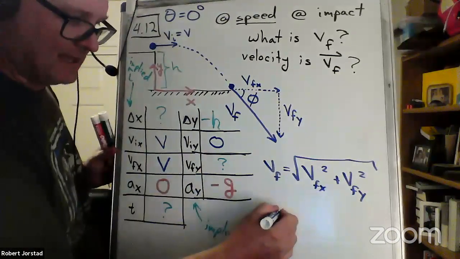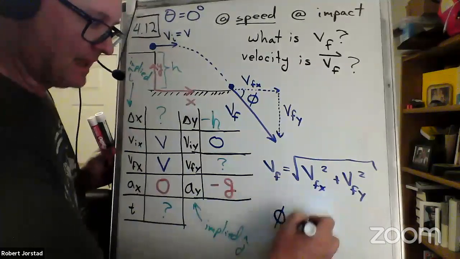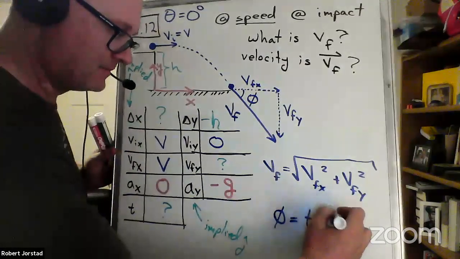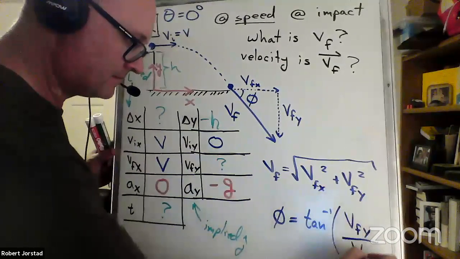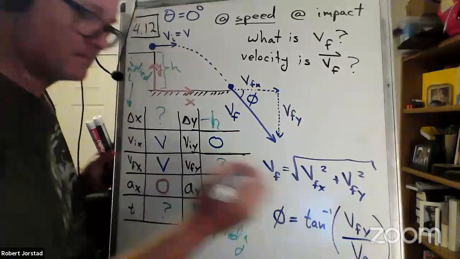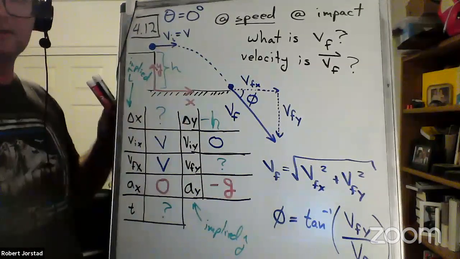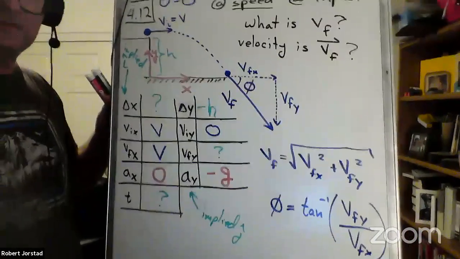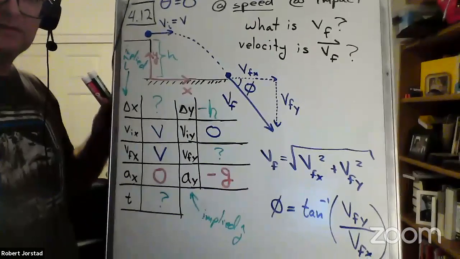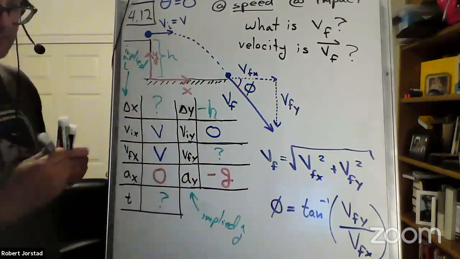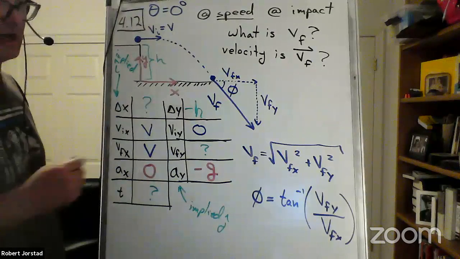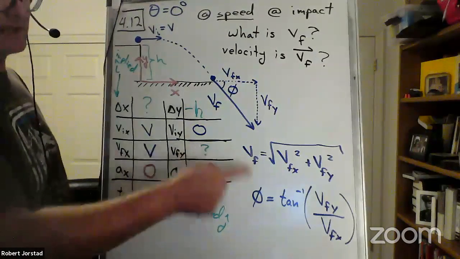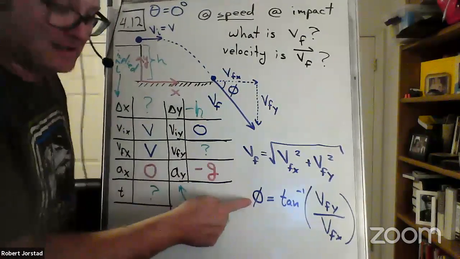If I need the angle, that would be tan inverse of V final y over V final x. Let me get just a little bit more there. Okay, scoot it back just a hair. I think this is what part A was asking. I think this is actually part B, but yeah.